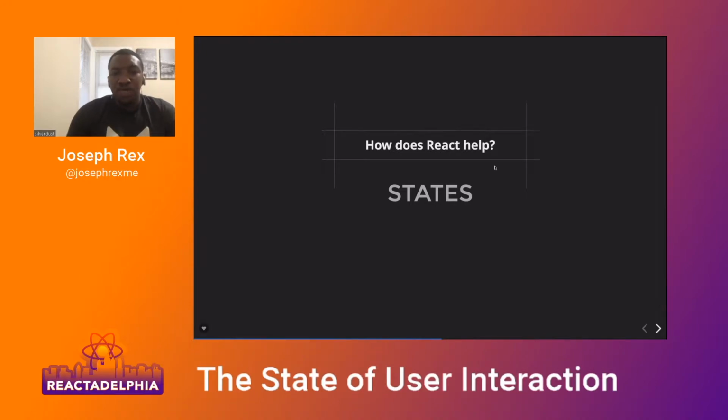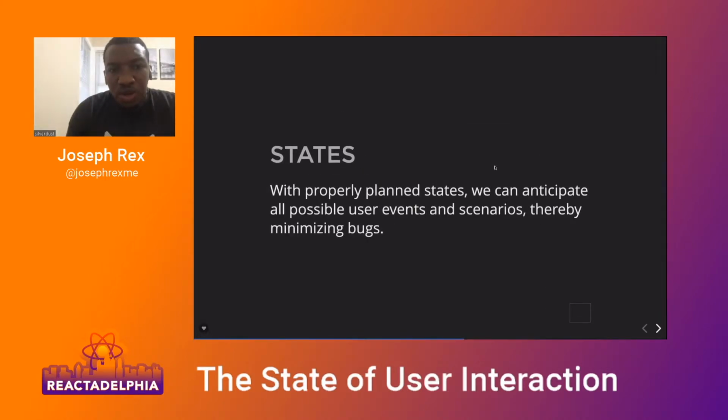But the problem with states is that, since they've been created, we tend to underuse them. When we underuse states, circumstances happen that we haven't anticipated, which in turn lead to unexpected bugs.